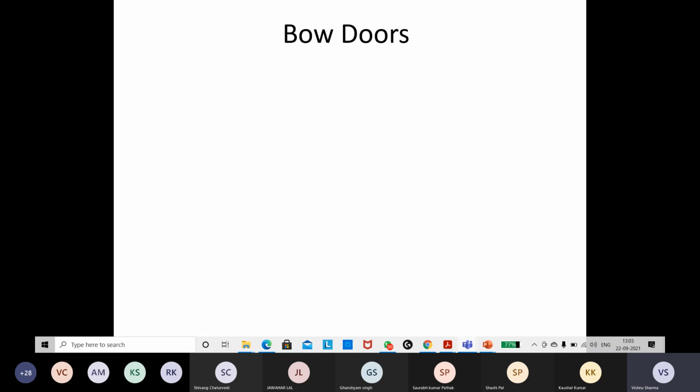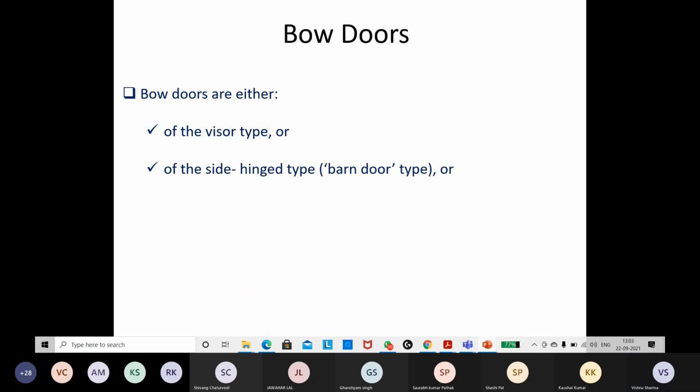Now the bow doors can be of any of 3 types. They can be visor type, side hinge type, also called barn door, or side shifting type, sliding, like the door of your Eeco slides to the side. Visor is like the visor of a helmet.